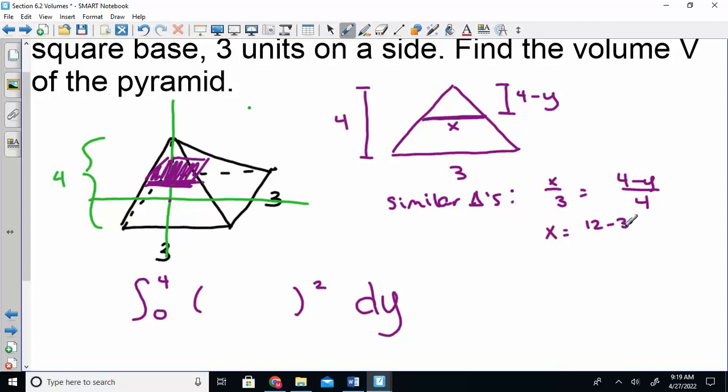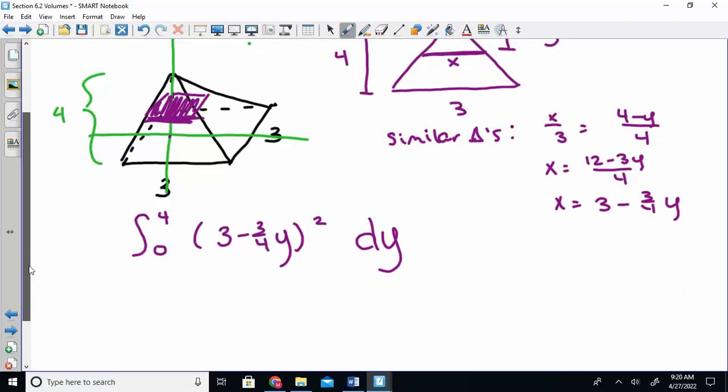You multiply by 3. And if you broke it up, you get 3 minus 3/4 y. So that is the length of one side.